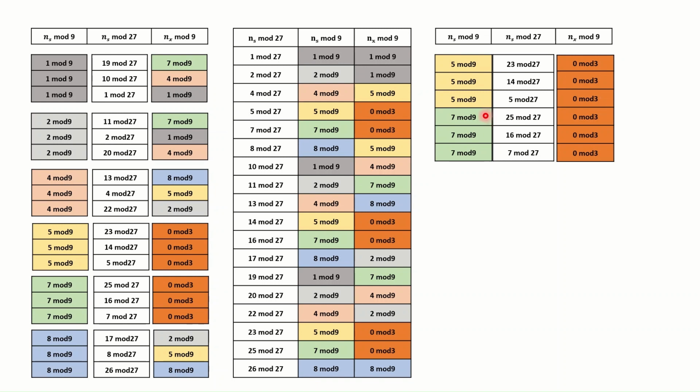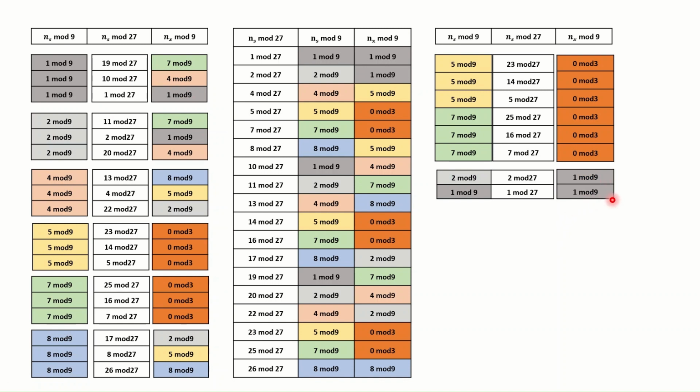If a number is 7 mod 9, its nx is always going to be 0 mod 3. You can derive this from this table, which has been derived from this analysis.